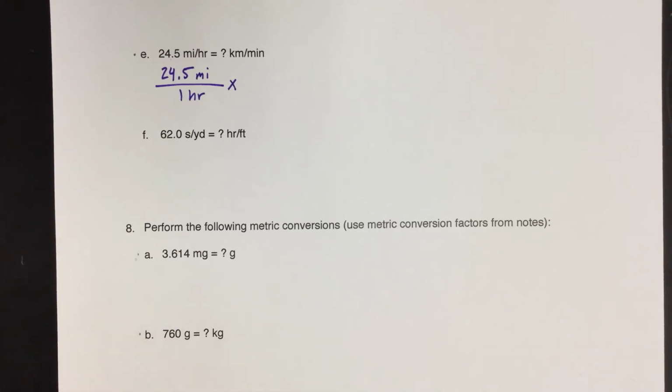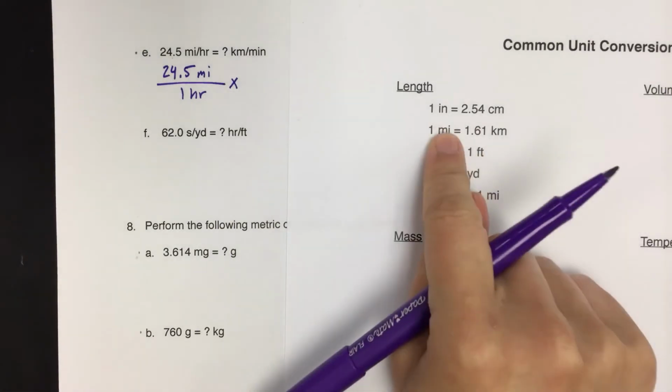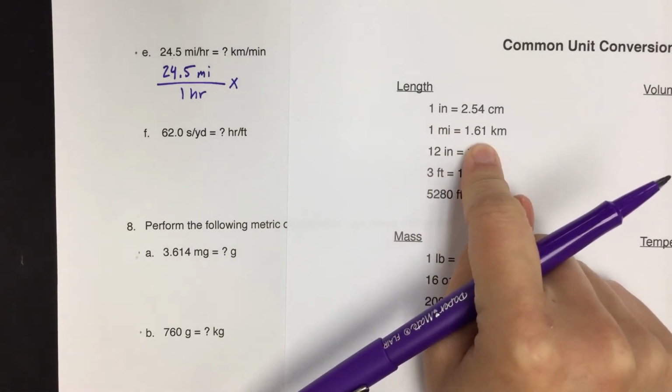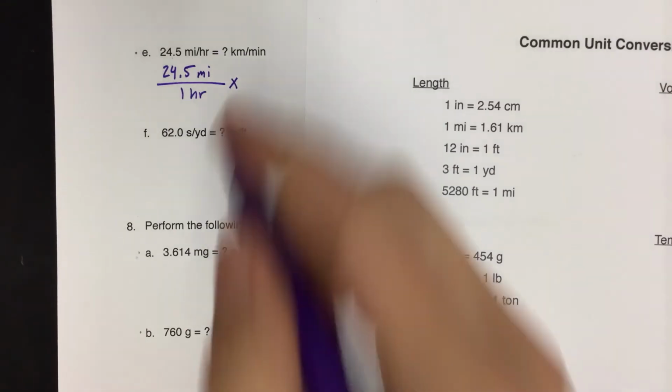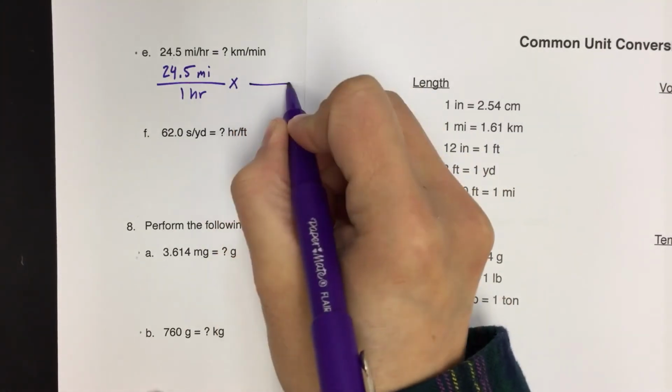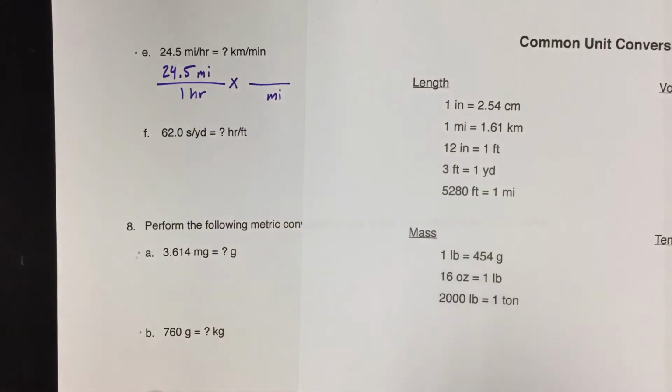So I need to first work on changing miles to kilometers. And in order to do that, you might need your conversion sheet to remind you that 1 mile is equal to 1.61 kilometers. So as I'm using that conversion, I need miles to be on the bottom because here it's in the top, so I need those to cancel.